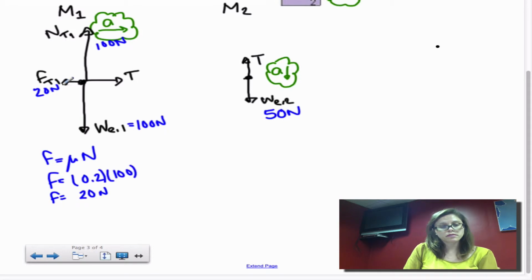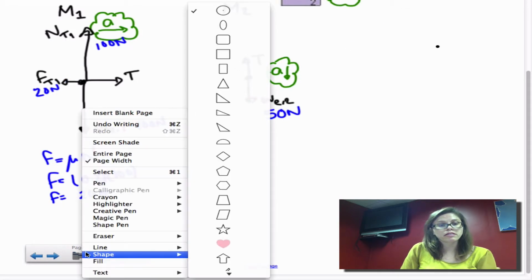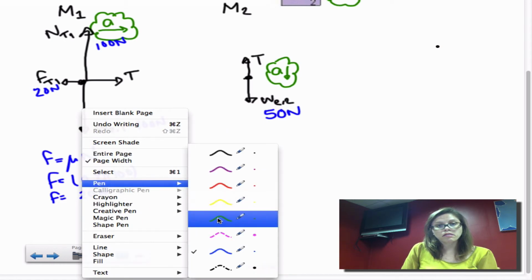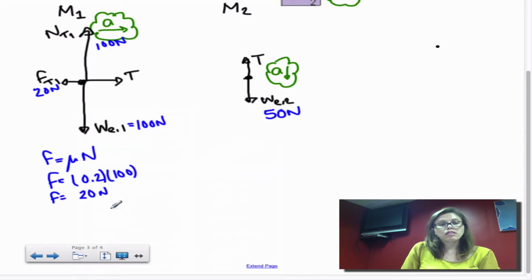Okay. Now we're at a spot where we could write our F net equations. So let's get a different color pen here. We could get purple. Okay, so I'll write it for mass 1.